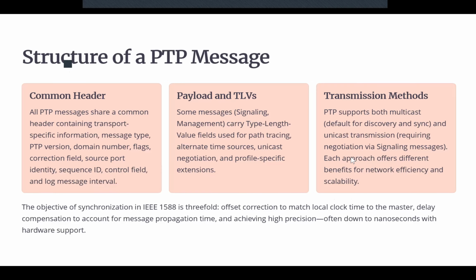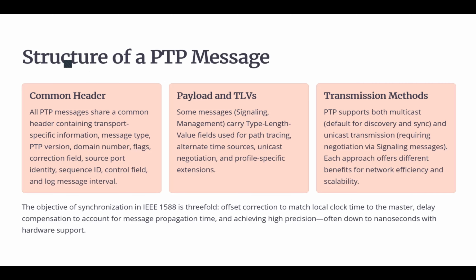Now, we talked about those messages and how we exchange them. Let's see what's inside those messages. When we talk about the synchronization message, what is the internal structure of those messages? We have three main parts in each message. One is the common header, then the payload, and then the transmission method.